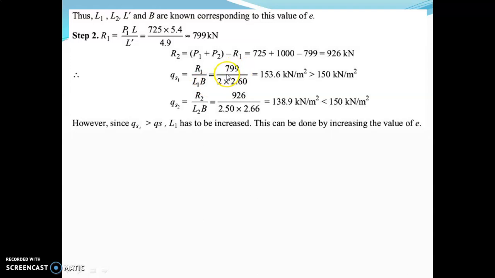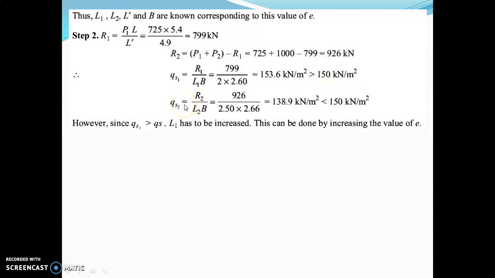So substitute R1 is equal to 799 divided by L1. L1 is equal to 2, into B is 2.6. So equal to 153.6. This is greater than 150. What we have given value is 150 kilonewton per meter square.